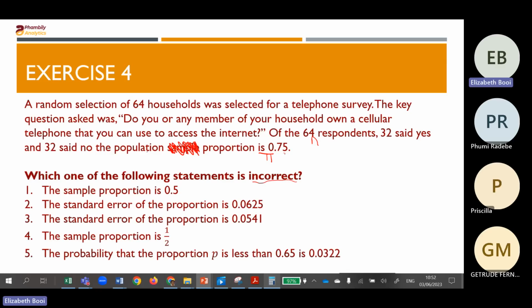We're looking for the incorrect one, so we need to validate each one of them. The first one says the sample proportion. Either one we can choose because the yes and the no are both the same. The sample proportion is given by x divided by n. There are 32 divided by 64.